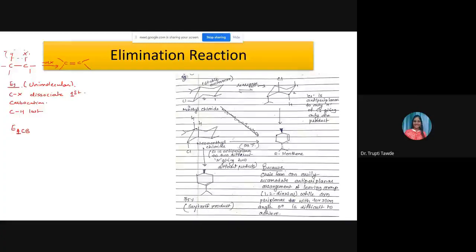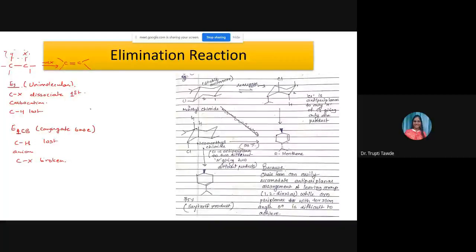This is E1CB, that is, elimination unimolecular, but this is carried out in the presence of what? Conjugate base. If I add a base to this reactant, what will the base abstract, X or a proton? Proton. So here the proton is lost first. If the proton is lost, what will form? A carbanion forms, right? And then the CX bond will be broken.